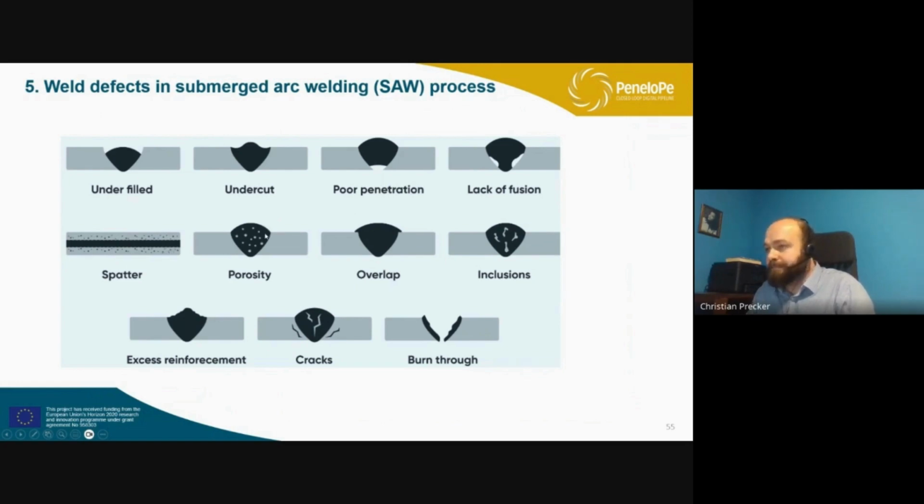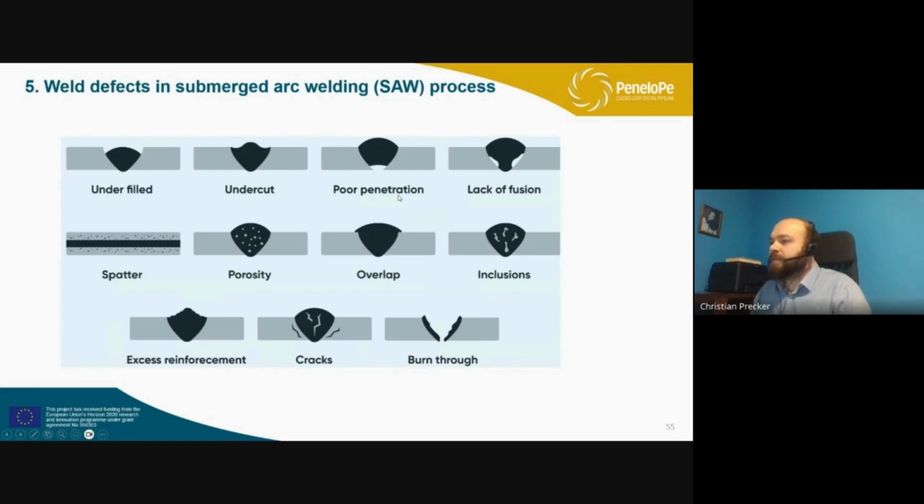And porosity, okay, this happens very often, especially when the flux has high humidity, because when you heat, what happens to the humidity? It turns into gas, and this gas bubbles get trapped inside the weld, so you have a weld looking like a cheese.